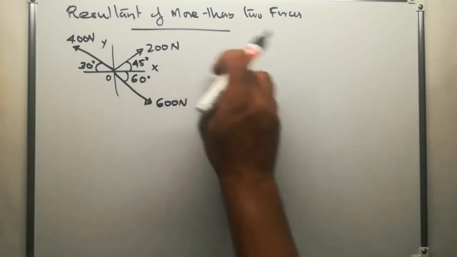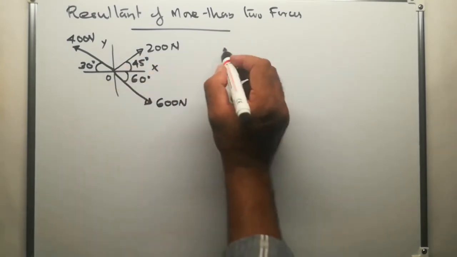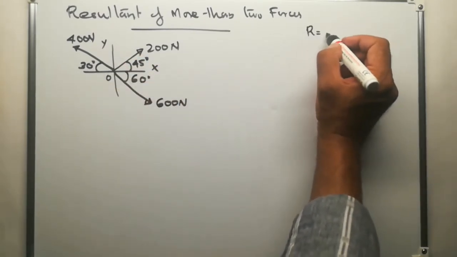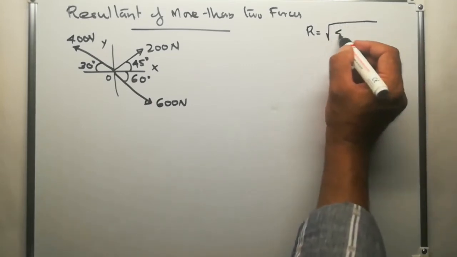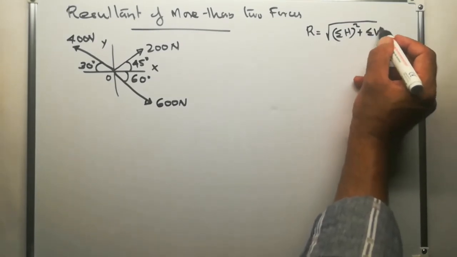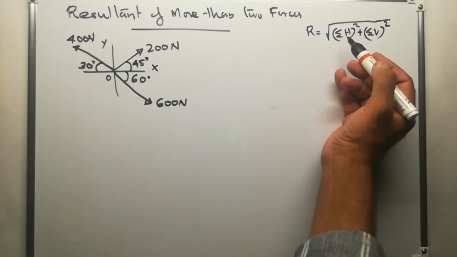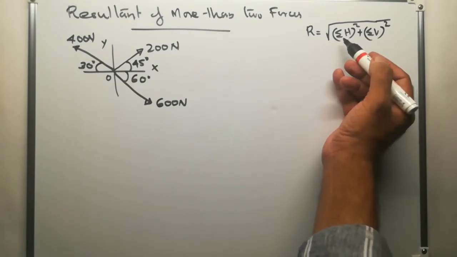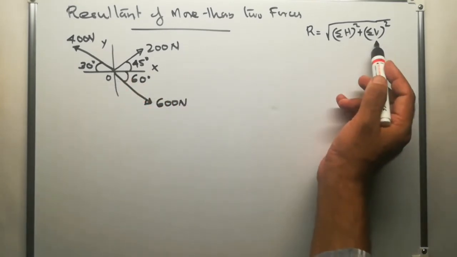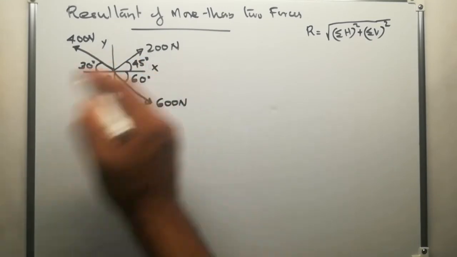For this, we will use the equation resultant R is equal to square root of sigma H square plus sigma V square, where sigma H is the algebraic sum of horizontal components of these three forces and sigma V is the algebraic sum of vertical components of these three forces.